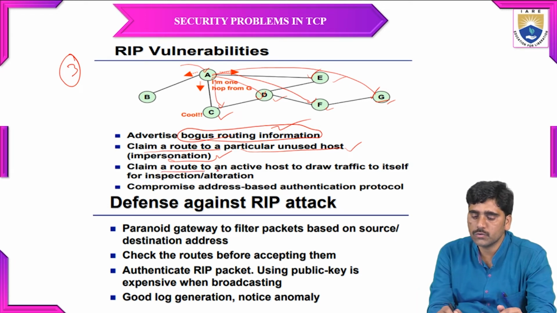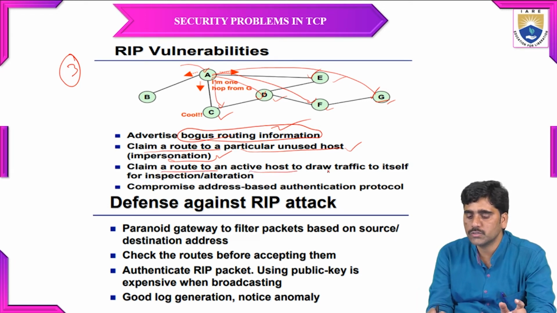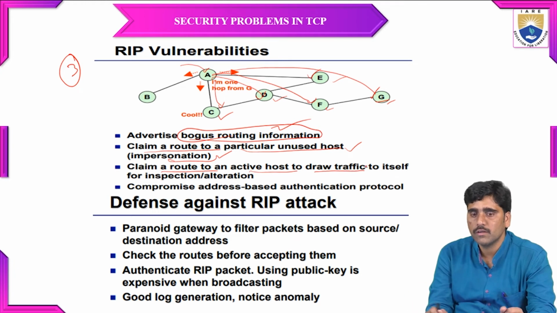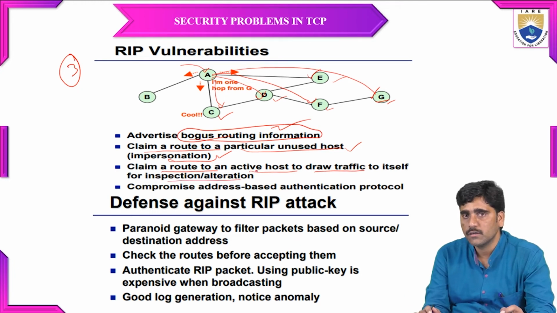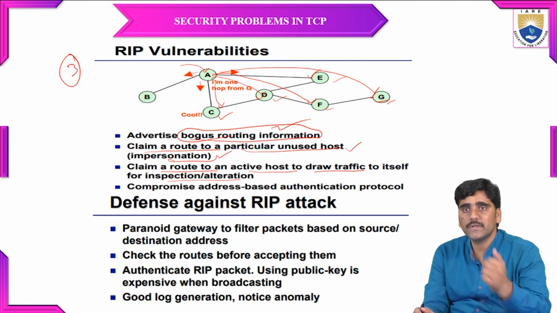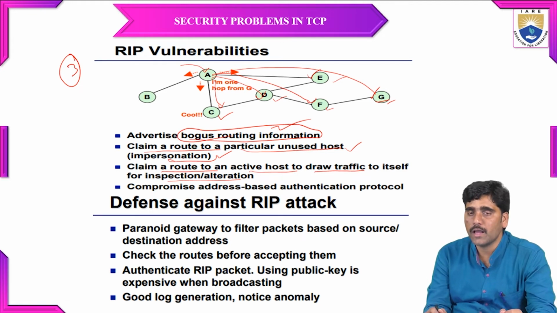and claim a route to an active host to draw traffic to itself for inspection or alteration. So he is able to claim that route, acting as an active host to draw traffic to itself for inspection or alteration.